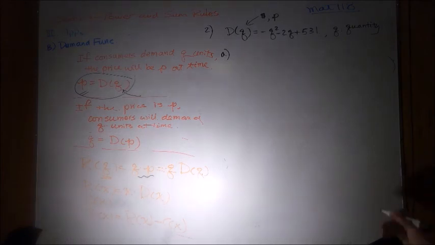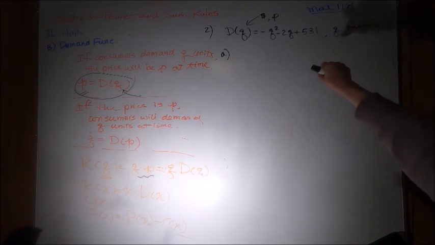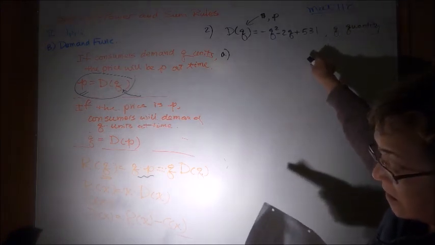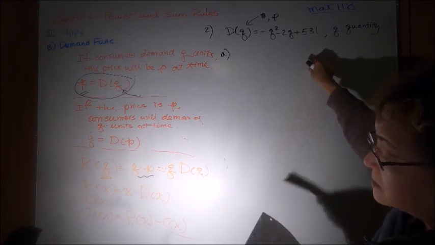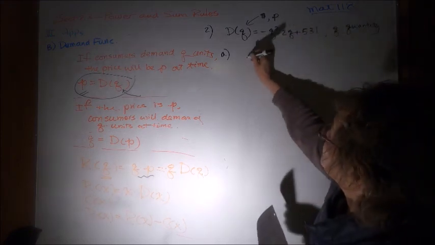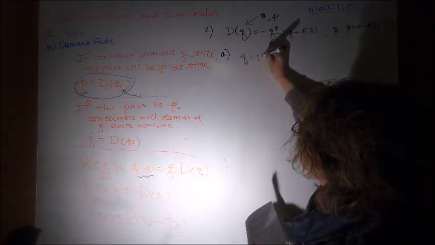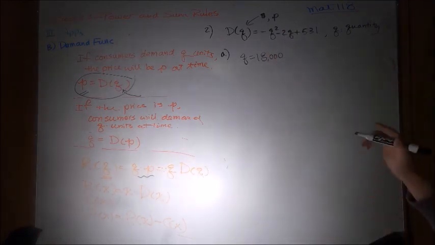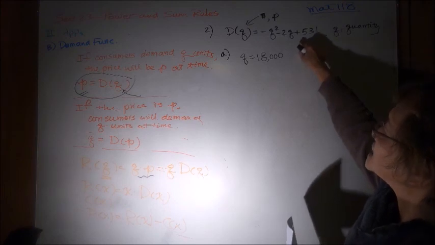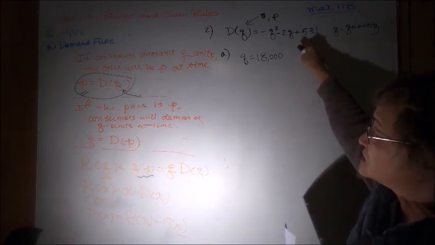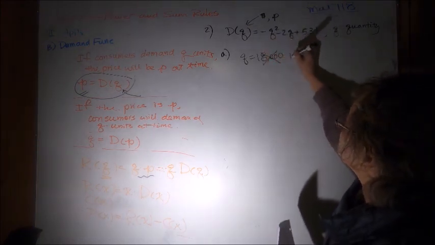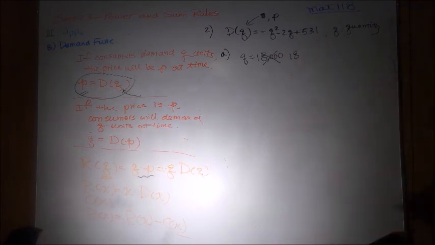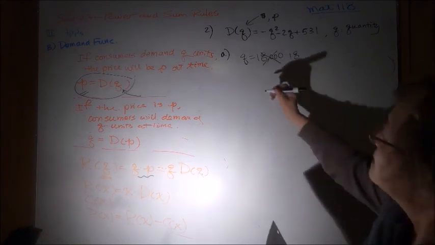right? So according to the demand function, my demand for Q is 18,000 units, but I don't use 18,000 because this function is what? By thousands. So I should use what? 18. 18 means 18,000, right? Then the price will be what?